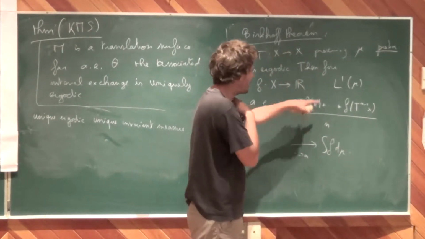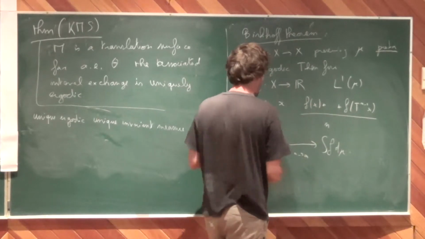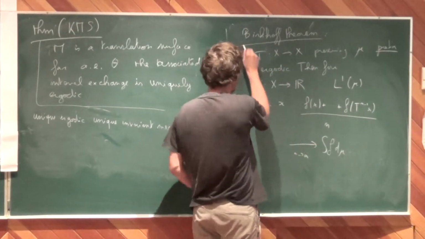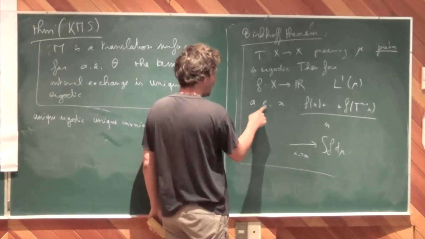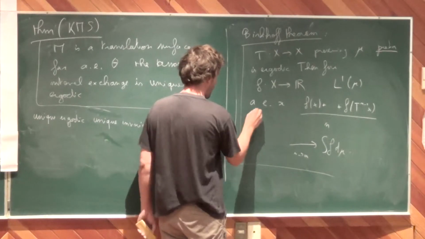So this means that the orbit of x equidistributes with respect to the measure. And in case of unique ergodicity, you can replace almost every by every.